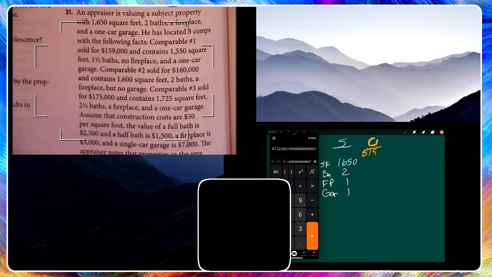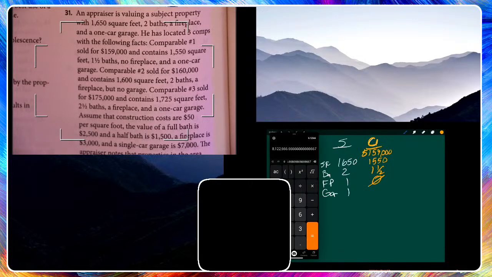Let's put that right here. $159,000. It has 1,550 square feet, so it has 100 less square feet. It has 1.5 baths, so it has a half bath less. It has no fireplace. And it has a 1-car garage. So that's the same thing.